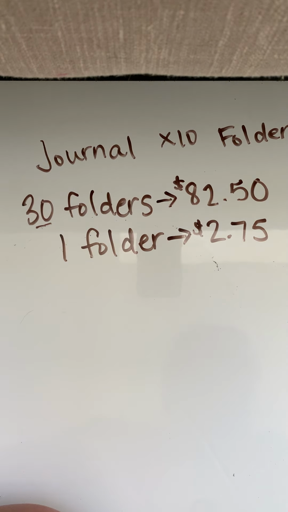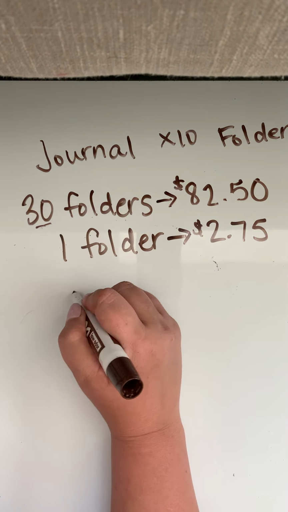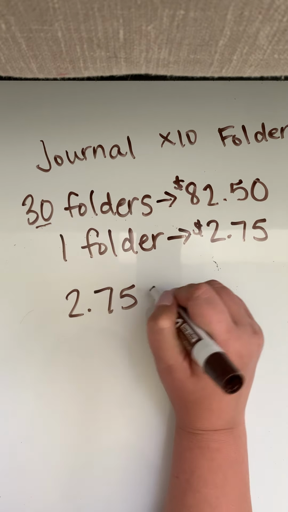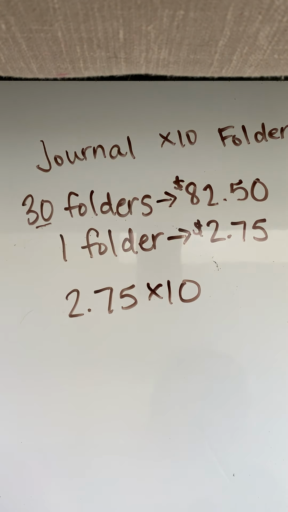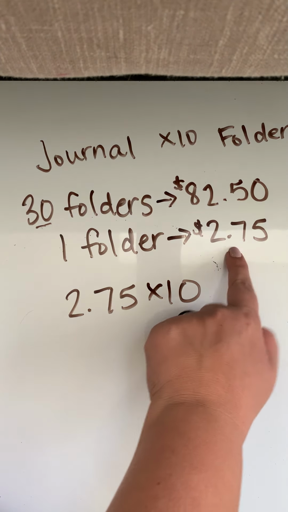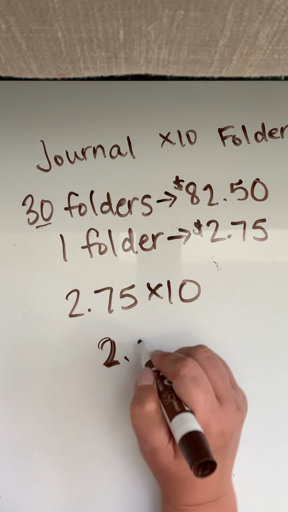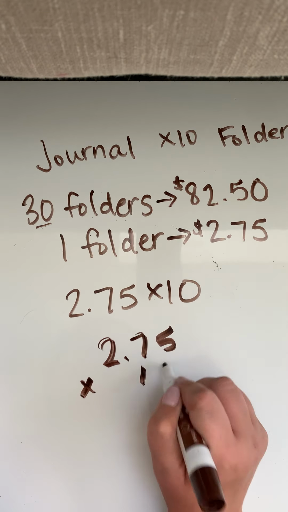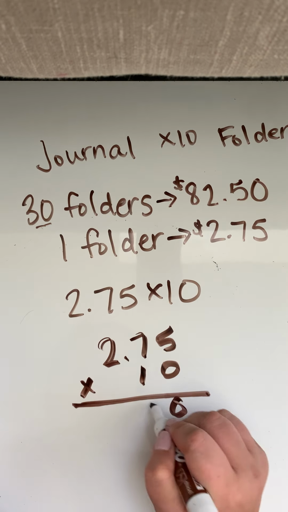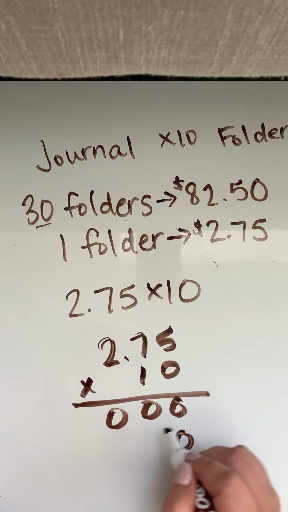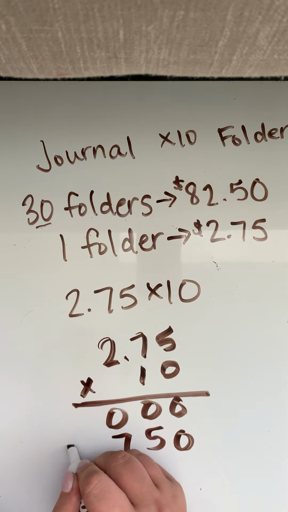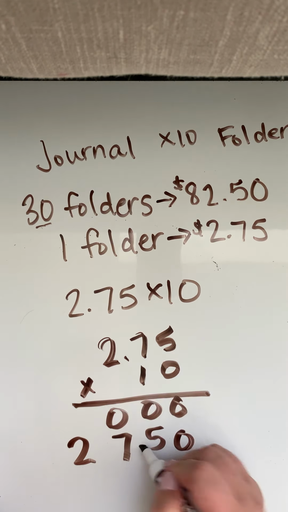Now we need to figure out about the journals. It says that each journal cost 10 times the amount of a folder, which is what this was. We just figured that out, right? So I'm going to go ahead and multiply those and see what I get. Okay, 0, 0, 0, drop my egg, 5, 7, 2.